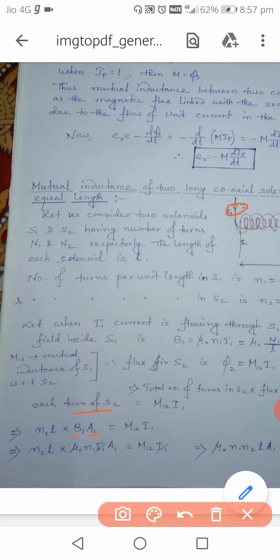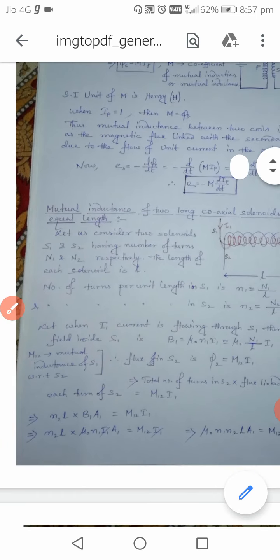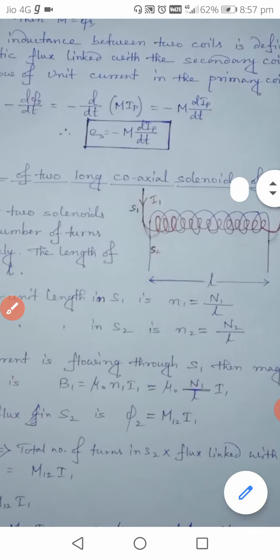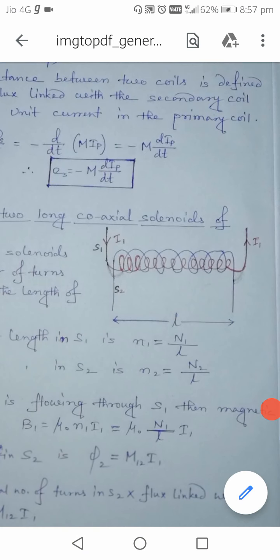So the magnetic field is B1. Why is the area A1? When current is flowing through this inside coil, since it is solenoid-like, the magnetic field is only inside this solenoid and not outside, because outside a solenoid the magnetic field is 0.